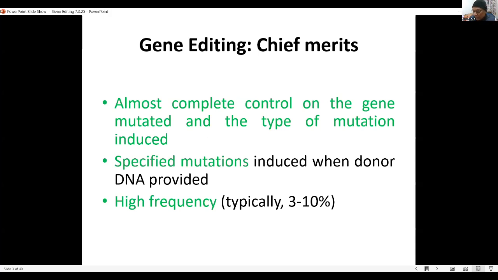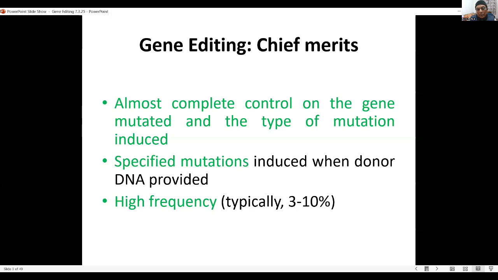Gene editing produces genetic variation or changes in genes, just as any mutagenesis program does. But as compared to the mutagenesis program, gene editing offers certain advantages. If you use a mutagenic agent like a chemical or a physical mutagen, then the mutations are induced in randomly selected genes.